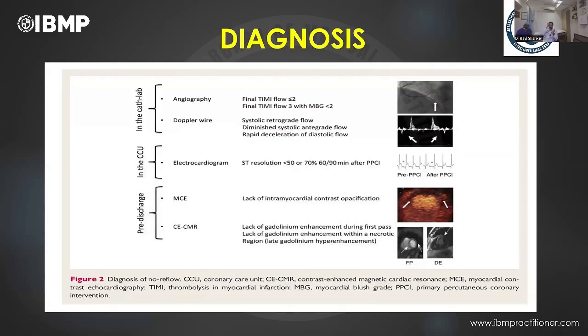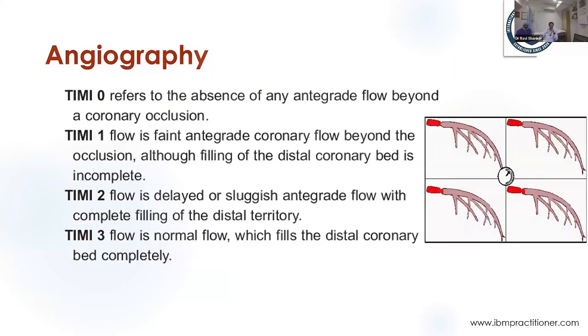In the cath lab, angiographic or Doppler wise, you have to see finally whether you are getting TIMI 3 flow or TIMI 1 or TIMI 2. And post discharge, you have to look for the lack of myocardial contrast opacification, and you can also do gadolinium enhancement scanning. TIMI 0 flow means the absence of any antegrade flow beyond the coronary occlusion. TIMI 1 flow means faint antegrade flow.